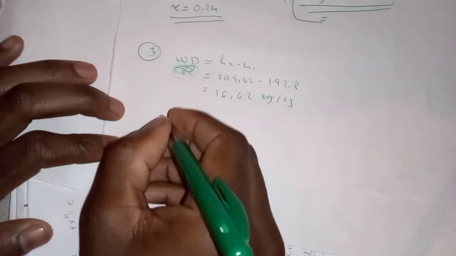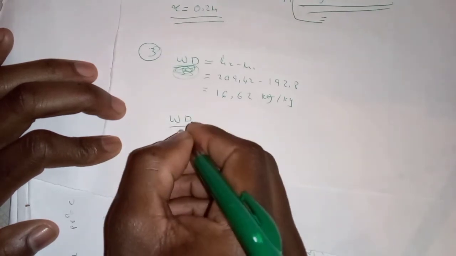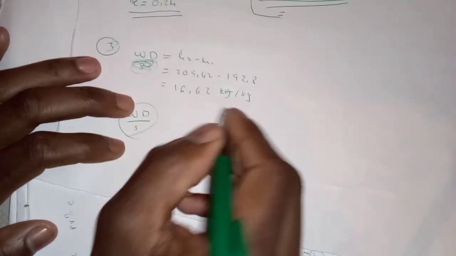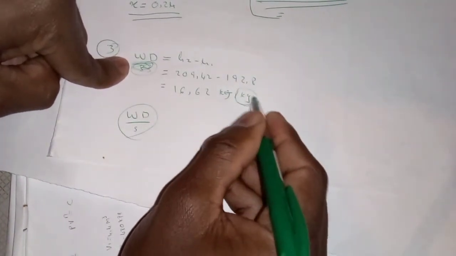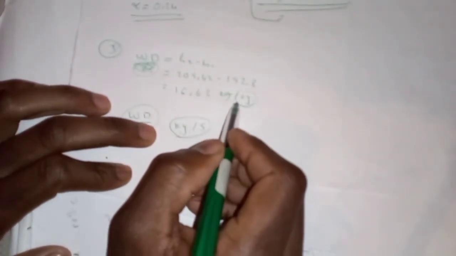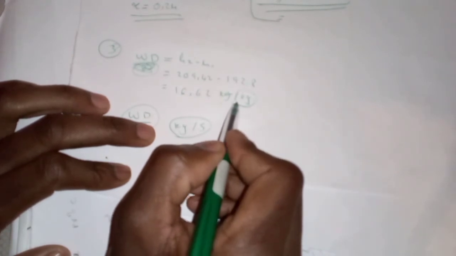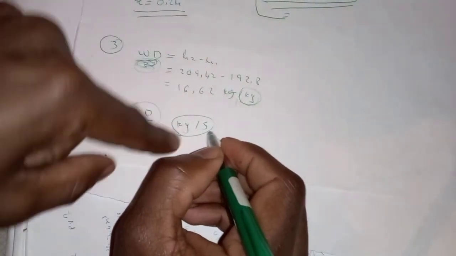And now we are looking for the power, not for the work done. If we take work done divided by second, this will be our power. Where can we get the second? Since we have the work done in kilojoules per kg, and we have a mass that is given in kg per second, we can multiply by the mass here. The answer that we are going to get from there will be the power, since we will have work done per second.